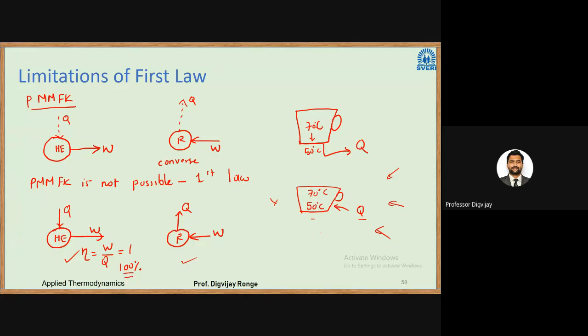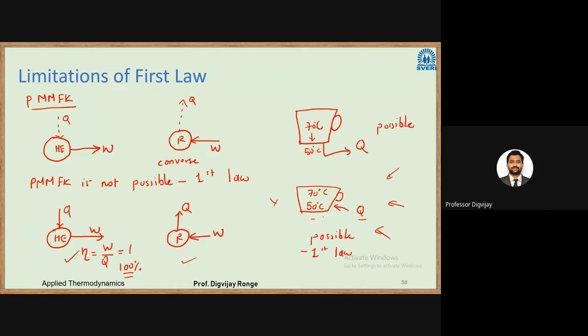Then it does not give you direction of the process. So it says that this direction of motion from cup to surrounding is possible, and this direction of motion from surrounding to the cup is also possible by first law. So these are some limitations of the first law.